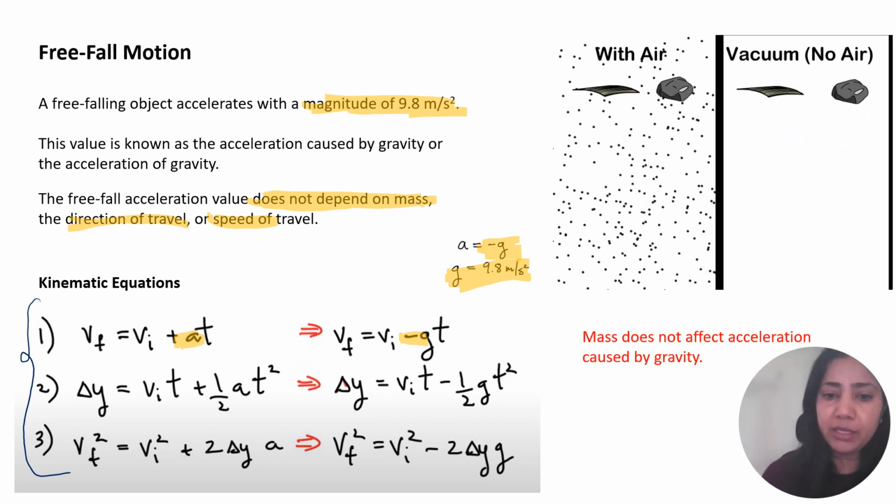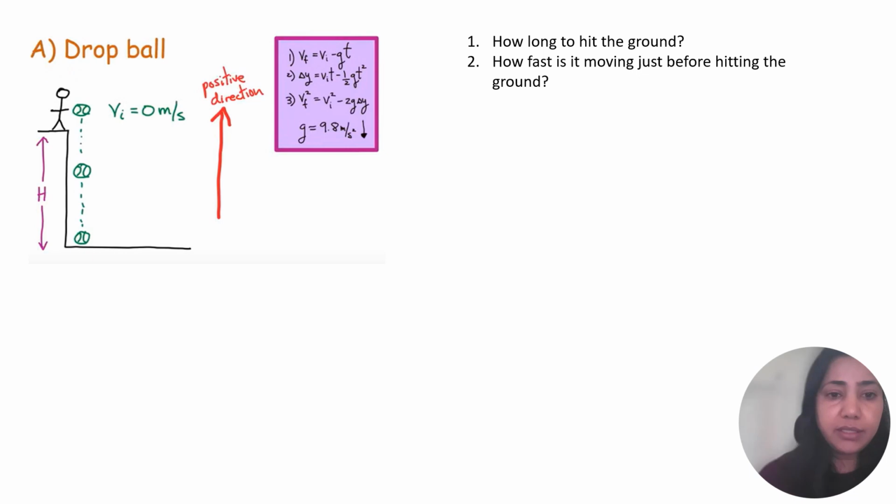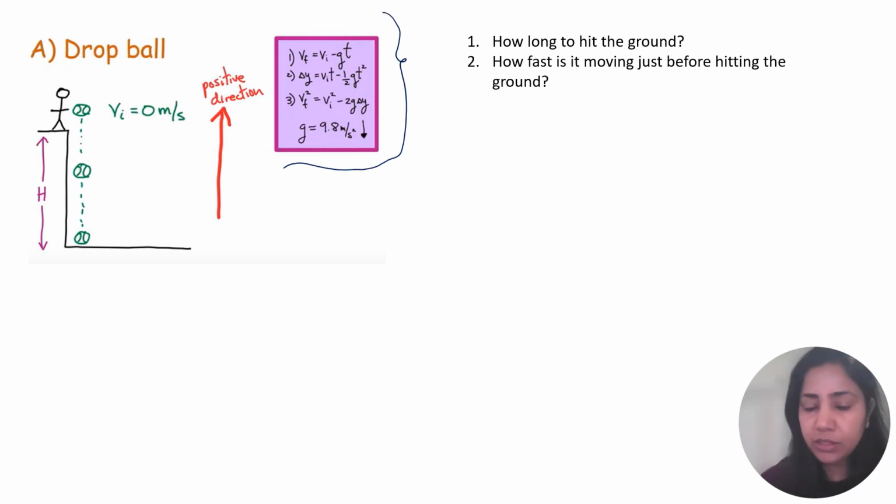So now we can try a problem. You might get problems based on the three cases that we discussed. Let's see how we can solve this one. It is a drop ball, so you use all the equations that we just saw for free fall motion.